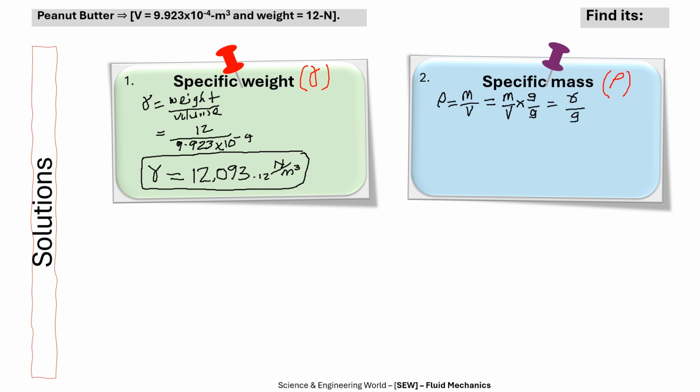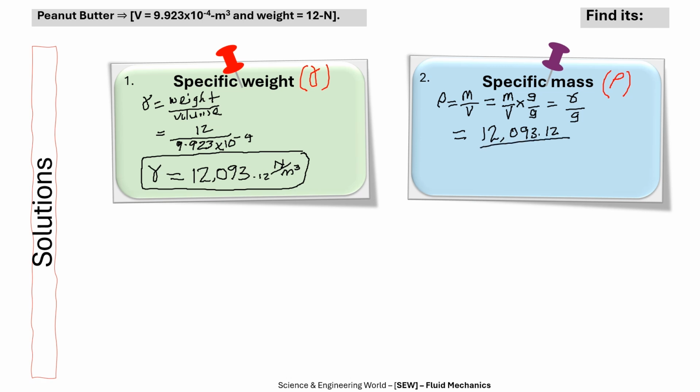So we can now say that density is equal to the specific weight that we have obtained here, which is 12,093.12 over g.